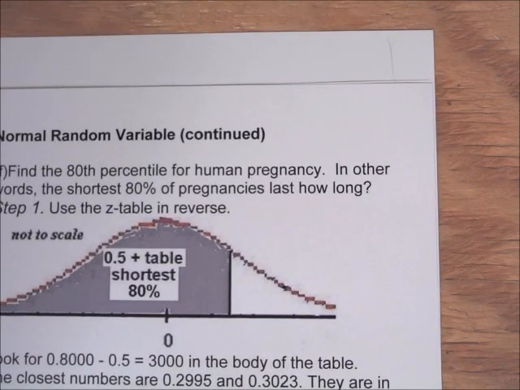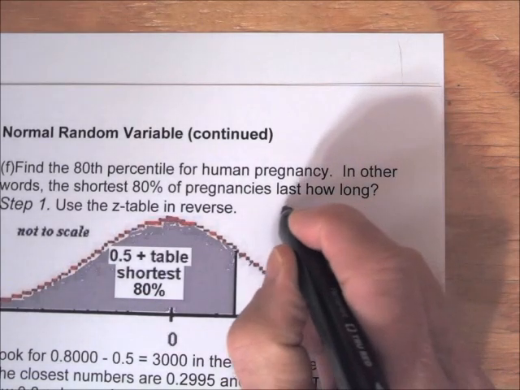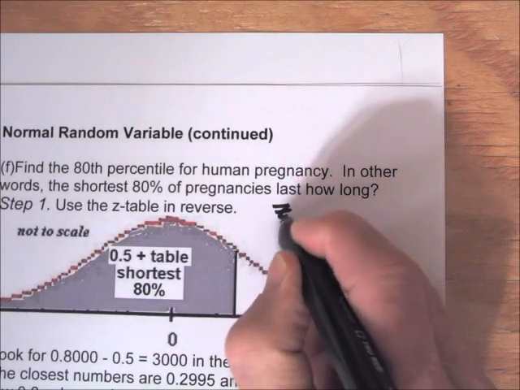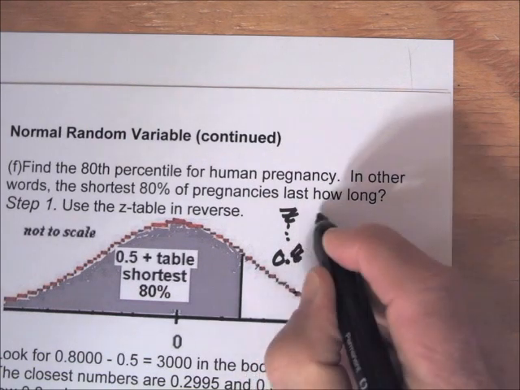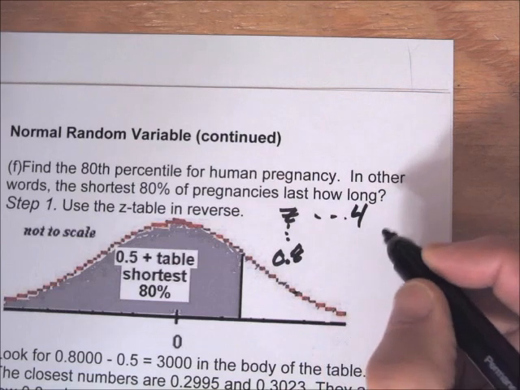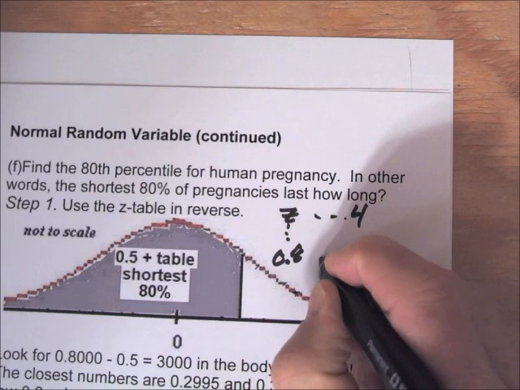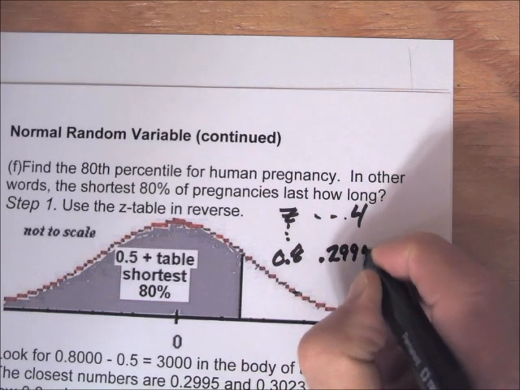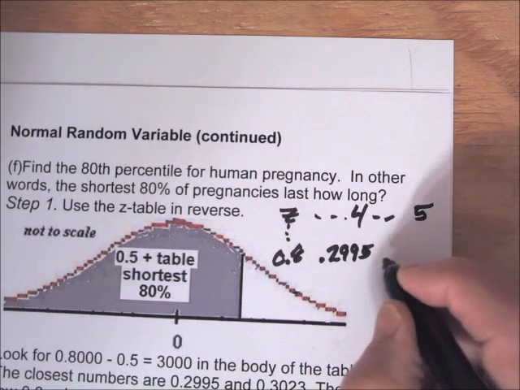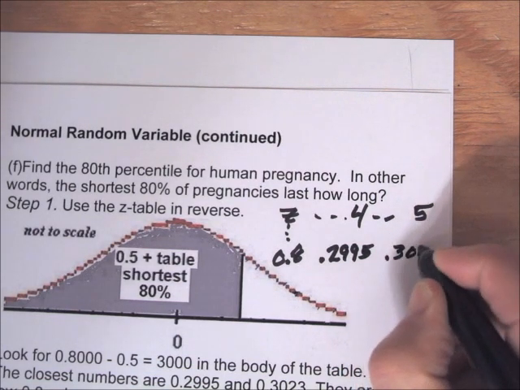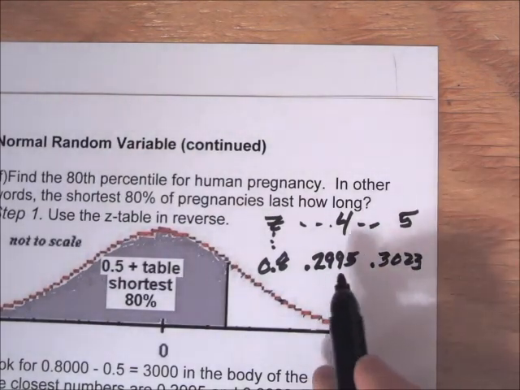If we go down to row 0.8 and go across to column 4, we have 0.2995, and if you go across to column 5, we have 0.3023.